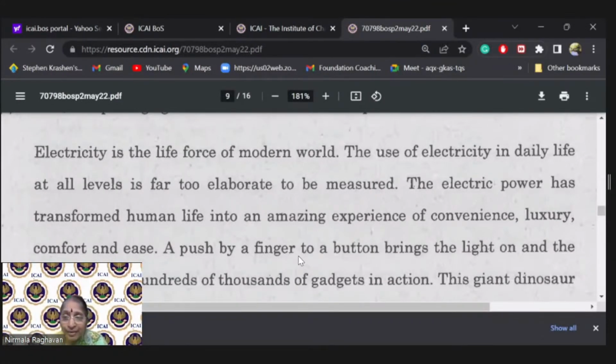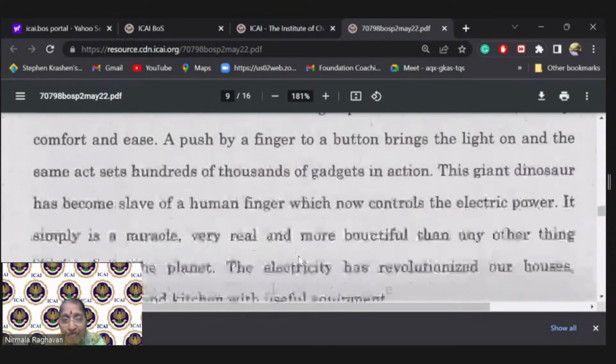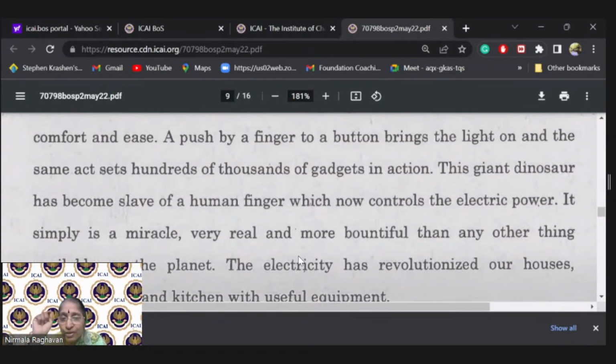Electric power has transformed human life. What is transformed? Changed into an amazing experience of convenience, luxury, comfort, and ease. A push by a finger to a button brings the light on, and the same act sets hundreds of thousands of gadgets in action.